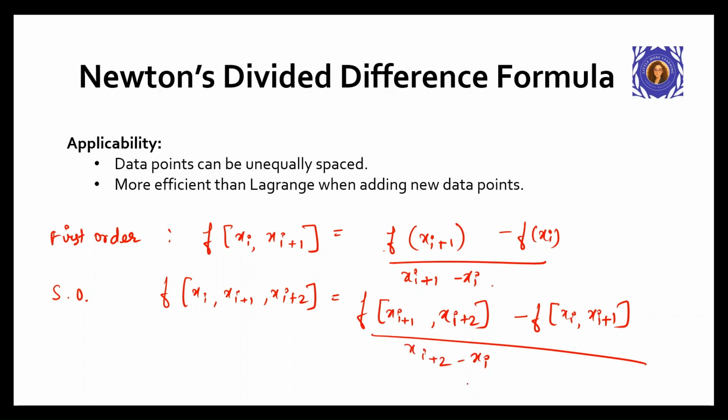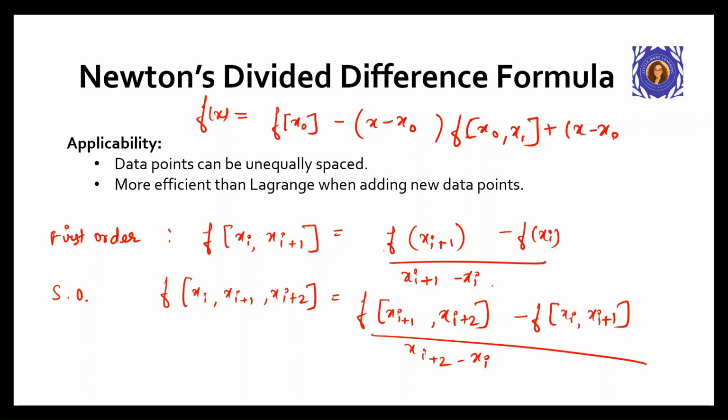So the formula for Newton's divided difference is f(x) equals f(x0) plus (x minus x0) f[x0, x1] plus (x minus x0)(x minus x1) f[x0, x1, x2].